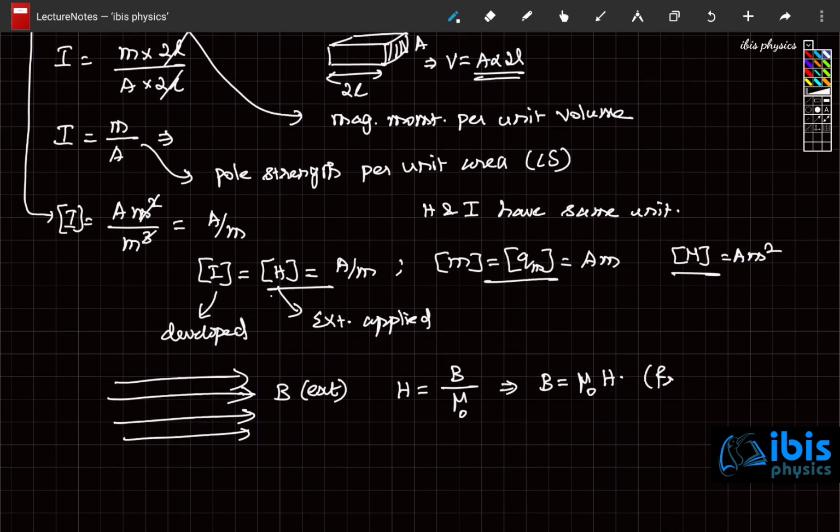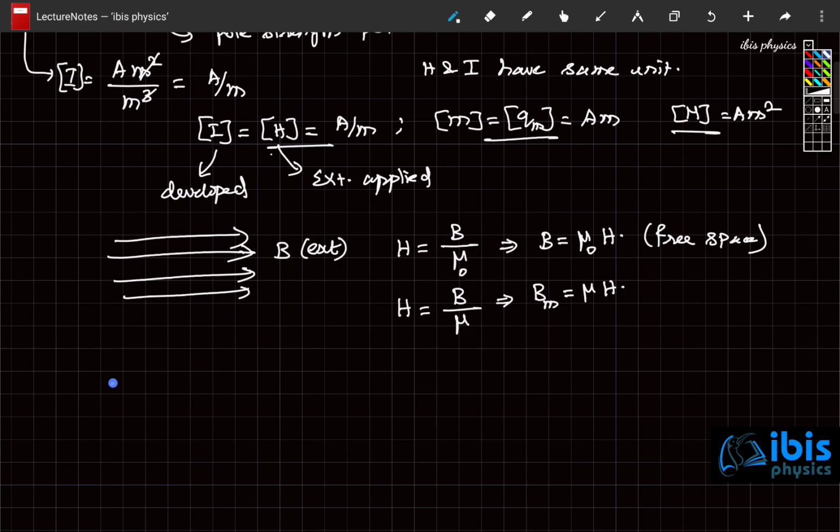Suppose a material is there in that space, the magnetizing field in that region is magnetic field by mu, which means that in a medium the magnetic field is mu times the magnetizing field.